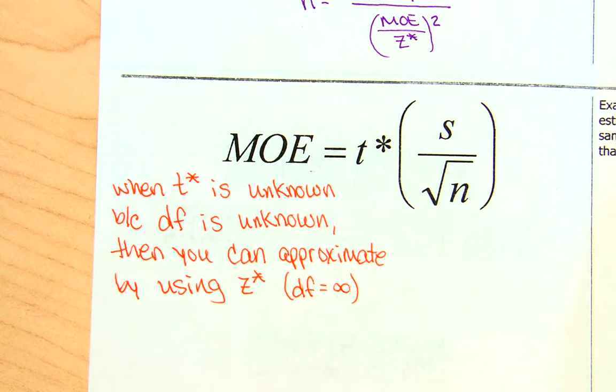So if you're looking for sample size, you just use the z critical value, whether it's means or proportions.